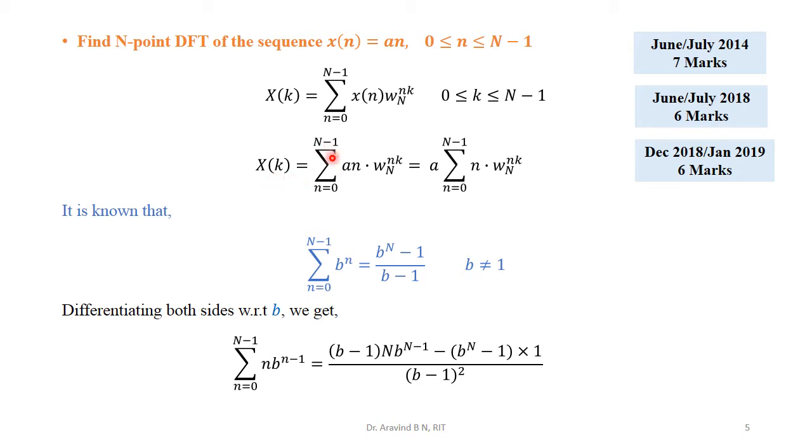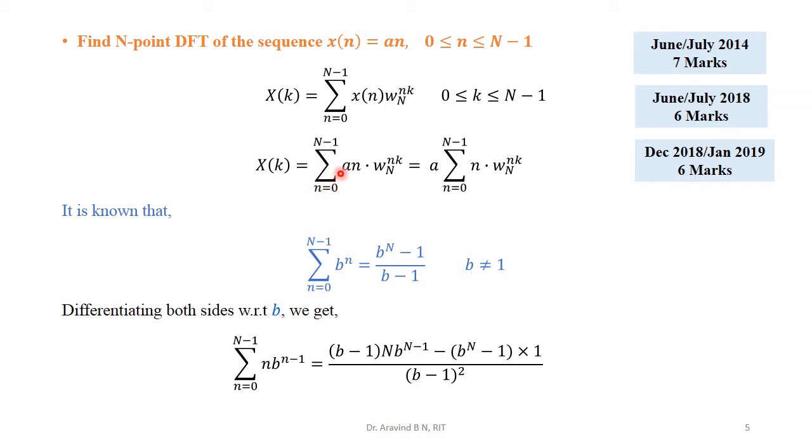X of k is equal to summation n is equal to 0 to N minus 1 of an multiplied with the twiddle factor. In the given input it is a into n, that is a dot product, where a will become a constant value because a has nothing to do with this summation range. The summation is with respect to n.